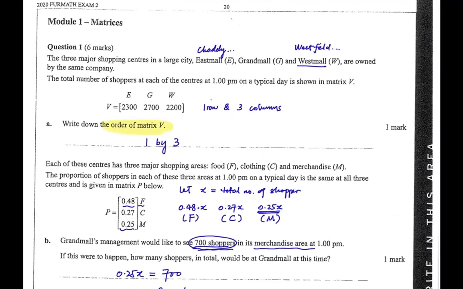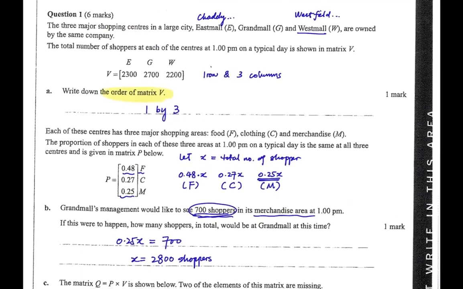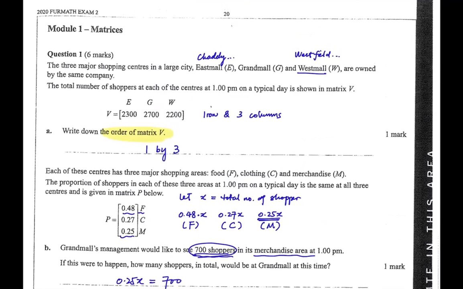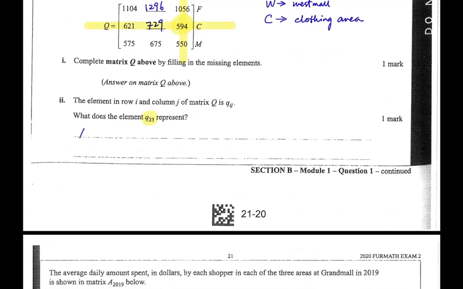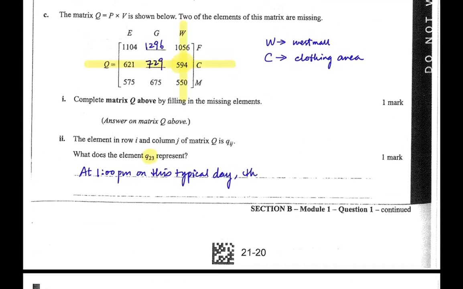What information does the question provide for us at 1 p.m. on a typical day, okay? So let's say at 1 o'clock p.m. on this typical day, there will be, or if you choose to use the present tense, you can say there are, okay?